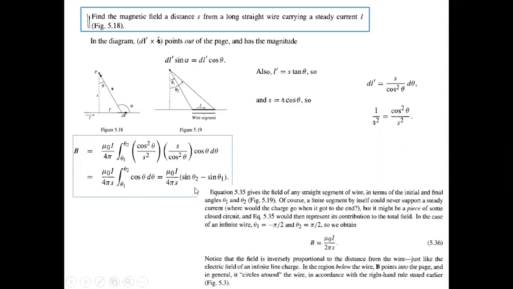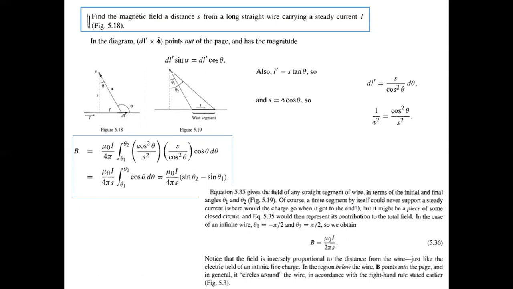Now, if you vary theta 1 and theta 2, you can actually change this length. And that's what we're doing in the case of any straight wire segment. For an infinite segment, so you have an infinitely long wire, theta 1 and theta 2 become minus π/2 and plus π/2, and from this equation you get this value.